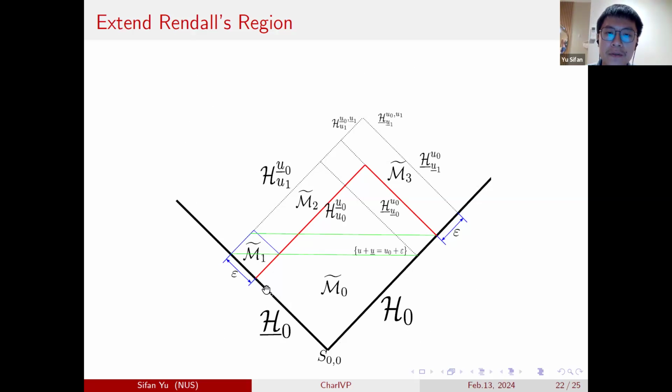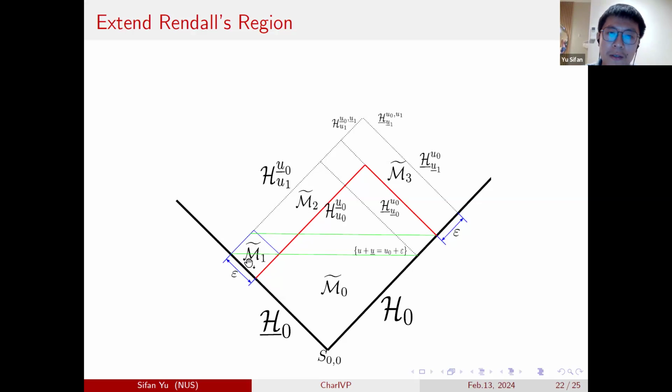Then the plan is to extend M0 to a bigger diamond, which will contradict what I just assumed. First of all, I will use Rendall's method to extend the region of existence to M1. It is worth mentioning that you cannot repeat Rendall's method again and again, because this square might shrink every time you use it.